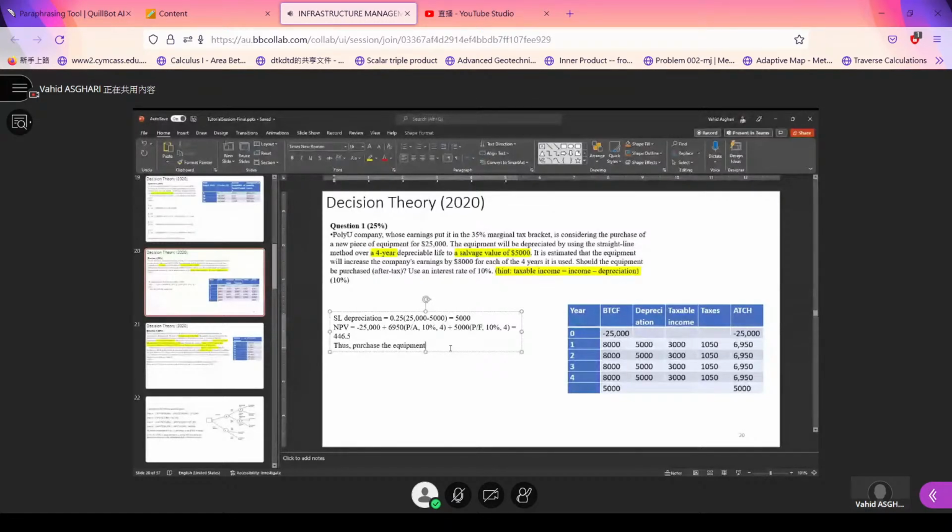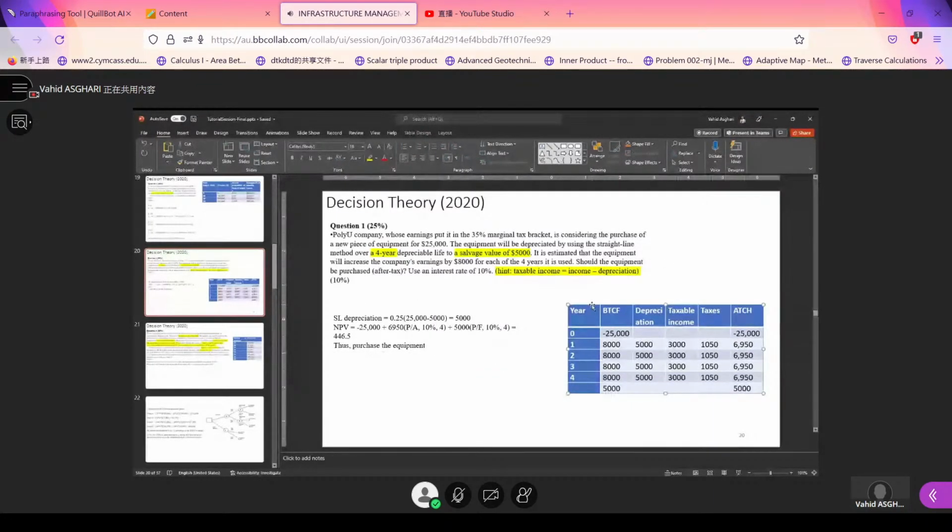But in here, it is a little bit different. It is also the way that they use tax in the industry. The taxable income is income minus depreciation. The question already provided this information for you.